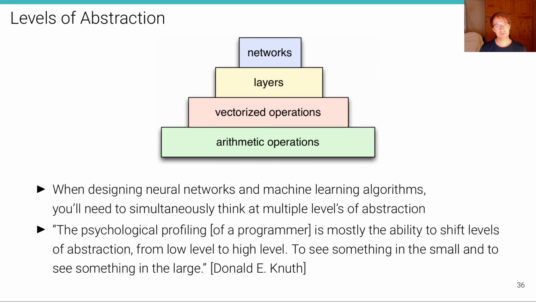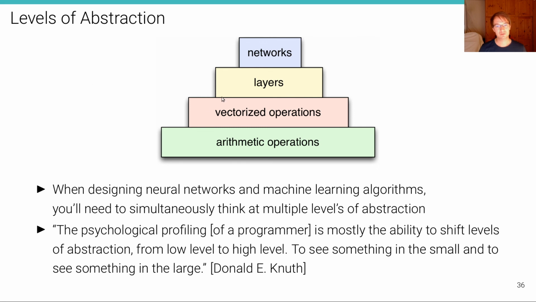So here's some notes on levels of abstraction. You've already seen that when we design these networks, we need to think at multiple levels of abstraction simultaneously. So we need to think about the optimization algorithm. We need to think about the network structure of the layers, the size and width of the layers.